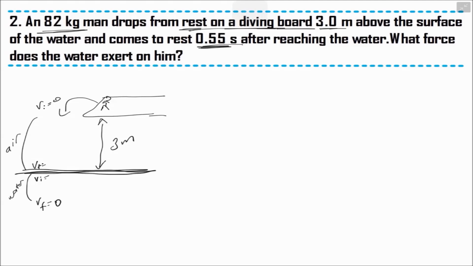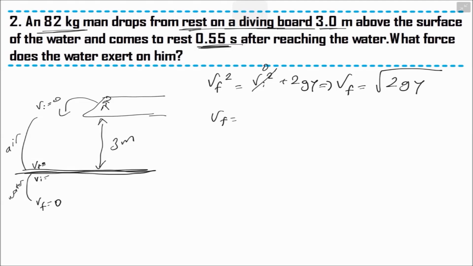We can calculate this final velocity by using free fall formulas. So v final squared equals v initial squared plus 2gy, and initial velocity in the air is 0. So v final will be, if we take the root of both sides, square root of 2gy.